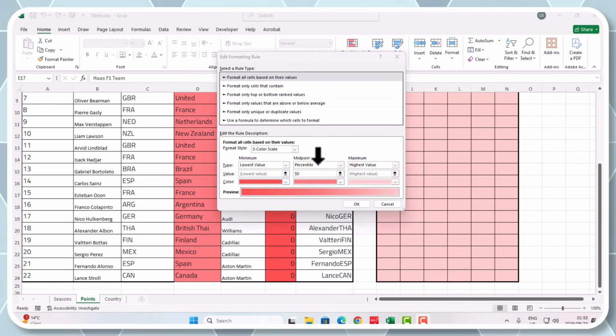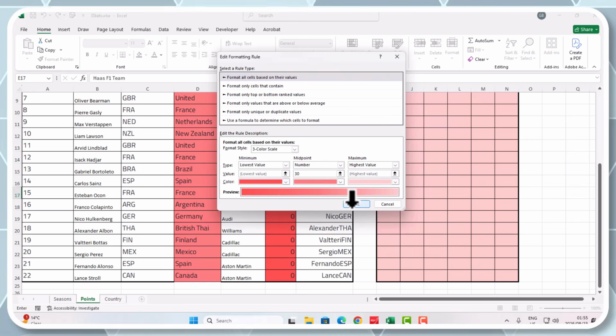We are looking for two things here. We are looking for midpoint is not a percentage. It is a number. Remember, they didn't say percentage. It's a number. And what are we looking for? We're looking for number 30. That's what they said there.